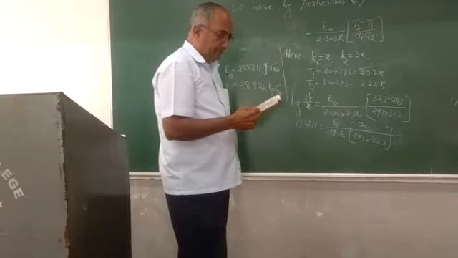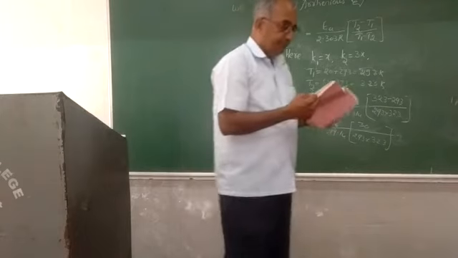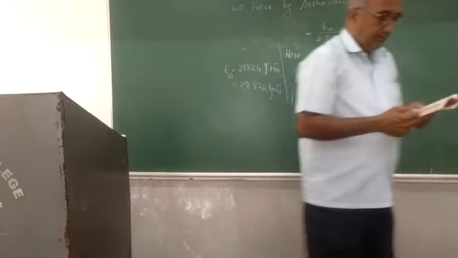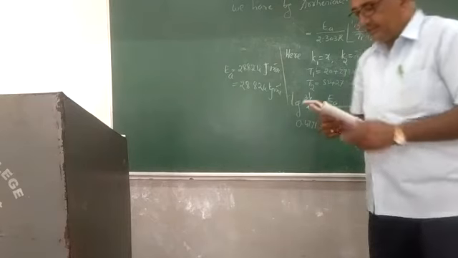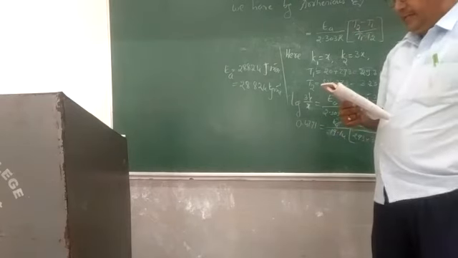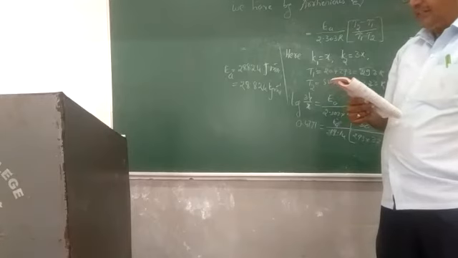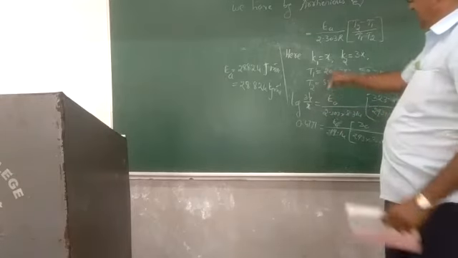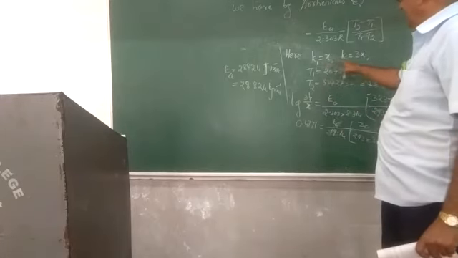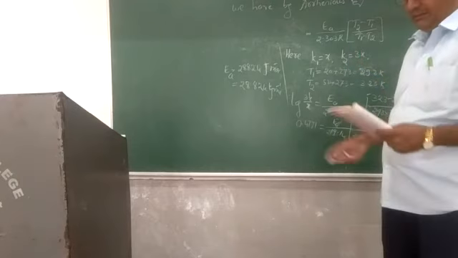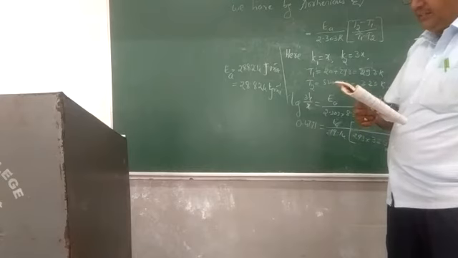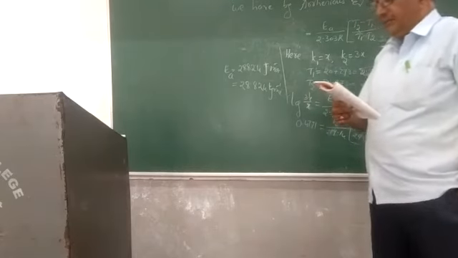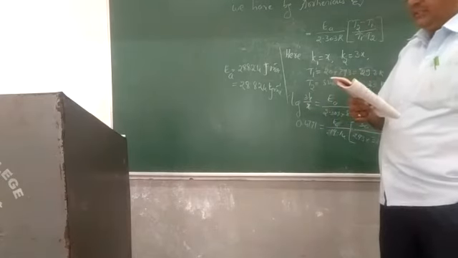Then take an example for homework. The rate of a particular reaction doubles. That is, K1 is equal to x, K2 is equal to 2x. That is the meaning. The rate of a particular reaction doubles and temperature changes from 27 degrees Celsius to 37 degrees Celsius.